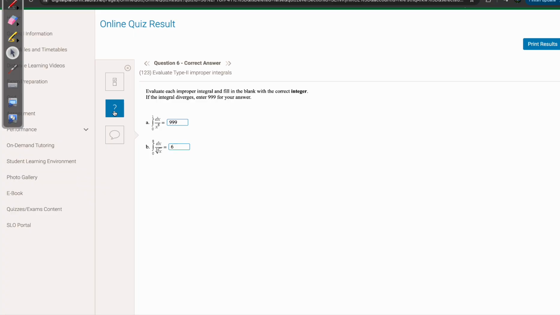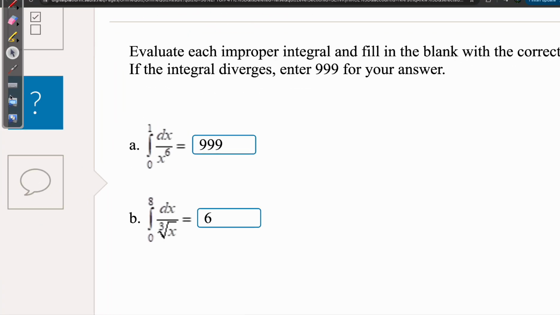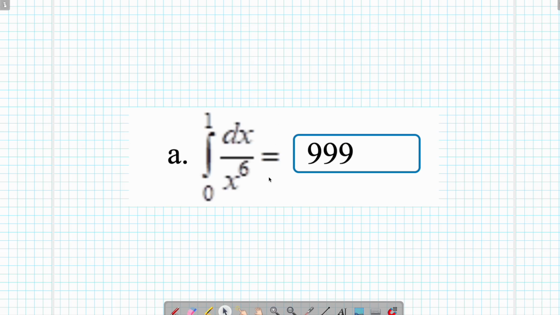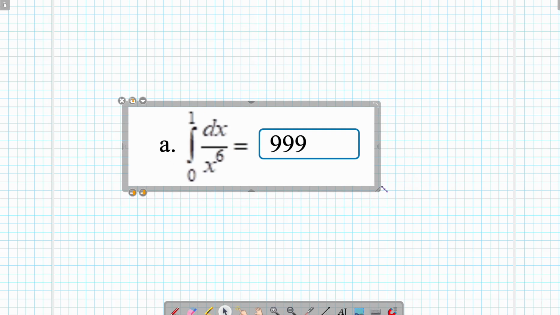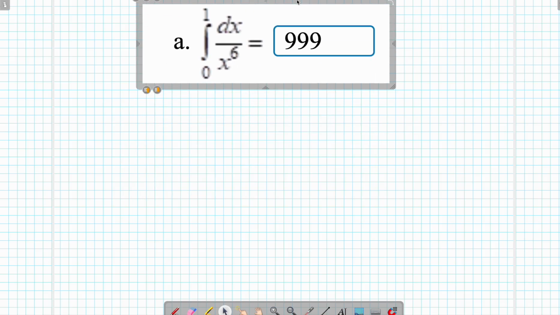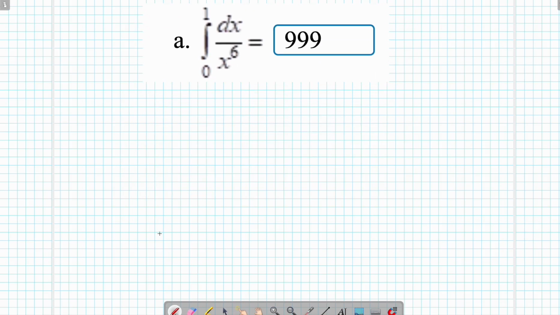Evaluate each improper integral and fill in the blank with the correct integer. Then again, we're going to solve as always. We're going to integrate from, first we're going to need to set the limits.